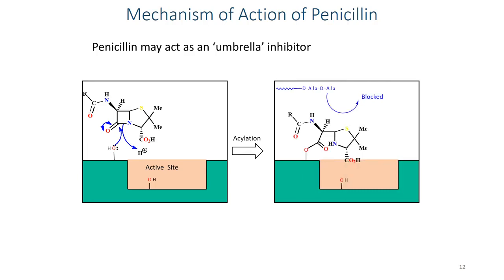There is one more theory about penicillin mechanism of action, which says that penicillins also act as umbrella inhibitors, which means that they block the access of the peptide side chains of the peptidoglycan to the enzyme transpeptidase by covering the active site and prevent the cross-linking.